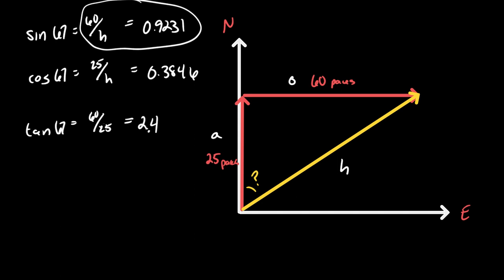So if you don't know how to find h, or you did it wrong, let's be very clear. H has to be bigger than 60. Do you see why that has to be true? Because I have a fraction, and 60 divided by this number gives me a number less than 1. But a lot of you on your pretest got a number that wouldn't work. So let's recognize that you multiply both sides by h, and then divide both sides by 0.9231.